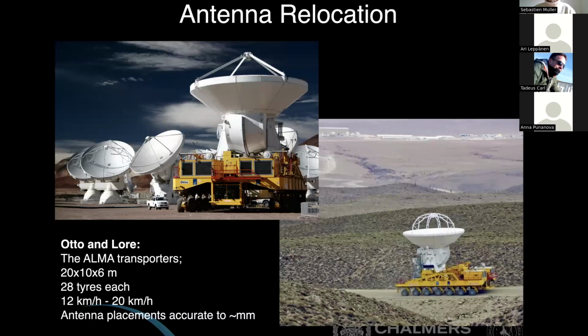One would say they move slowly, but when one sees them in action, they can move the antennas relatively quickly. And the antennas have to be located on the different pads very, very accurately.